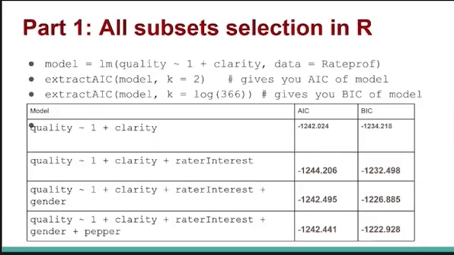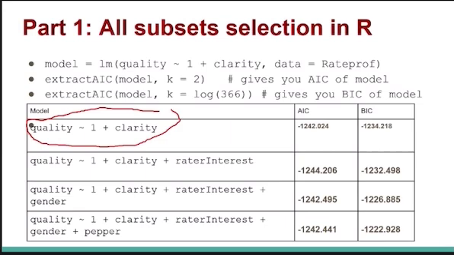Number one thing you're going to do is this. If you take a look at this one here, with one predictor, please pay attention. Since I have 4 predictors, I'm going to have 4 models with one predictor.